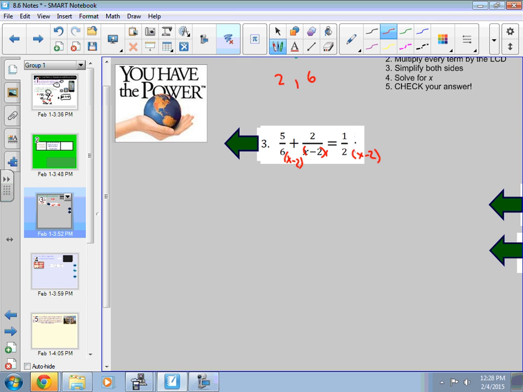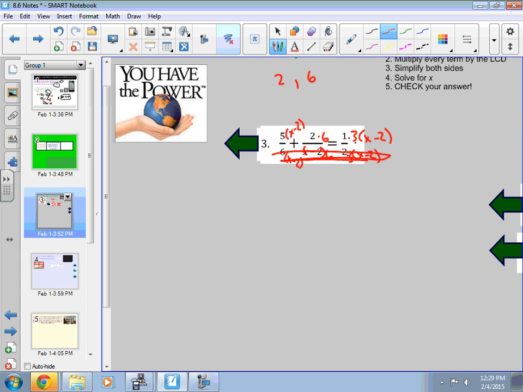So this needs to get multiplied by 6. And then 2 needs to get multiplied by 3 to be 6. Whatever we multiply on the bottoms, we've got to multiply on top. Once you get the same denominator on all these, we're okay. All these denominators now should be 6 times x minus 2.